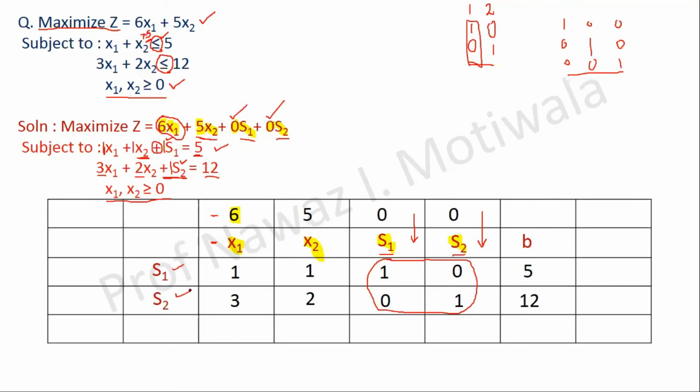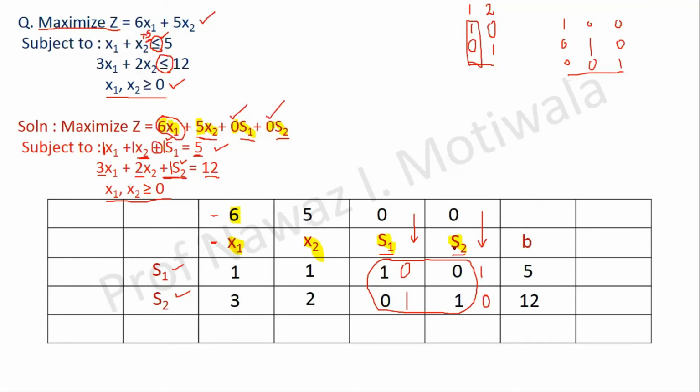Now, just to show you what would change if it were not in order, let us for the time being assume that the value here is 0, here it is 1, here it is 1 and here it is 0. Just for assumption. Again you can see that this matrix is making a unit matrix, so S1 and S2 have become our basic variables.